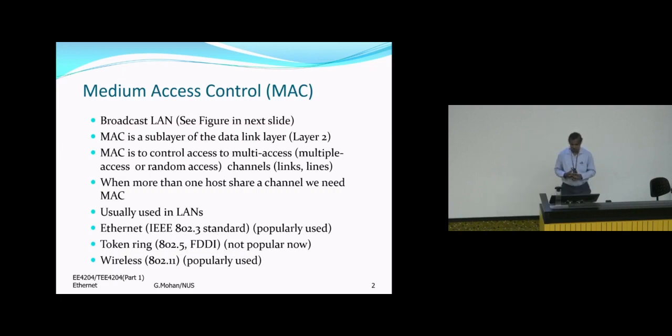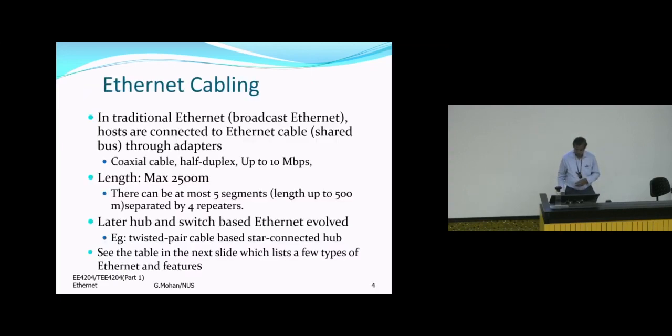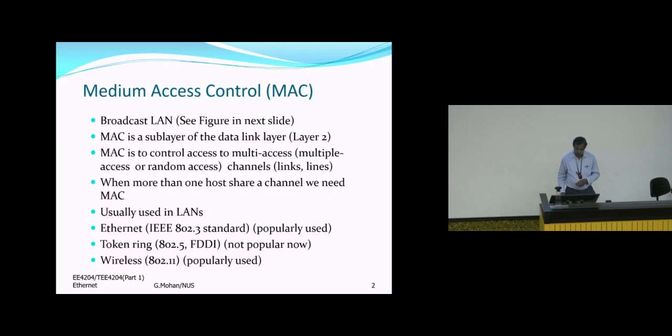Okay. We start with the MAC. Just a quick recall, we already spent some time in lecture notes 1 and 2 about this MAC, medium access control. So whenever the medium is shared by more than one, there is a need for MAC, medium access control.